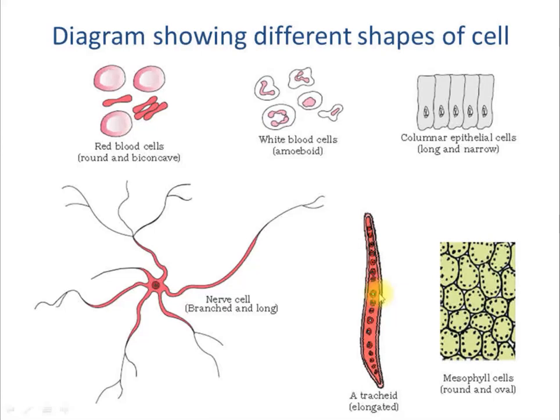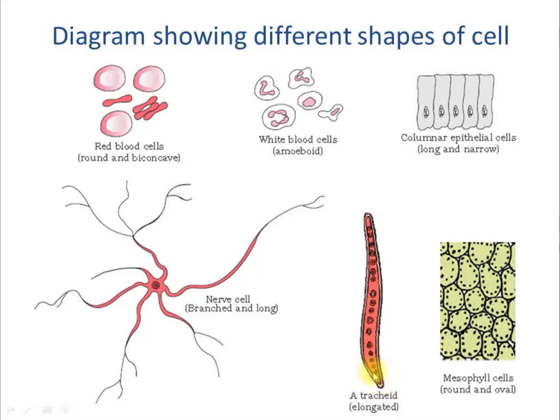Then you will ask, sir, how will this water pass across the tracheid to the adjacent cell? You can see small depressions in the cell wall where lignin is absent. These are called pits, and these pits allow the movement of water. So the tracheid is a specialized cell, which is elongated and has a lignified cell wall.